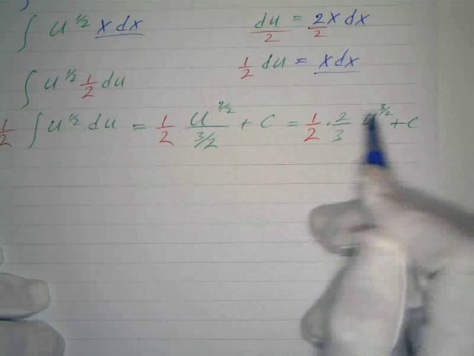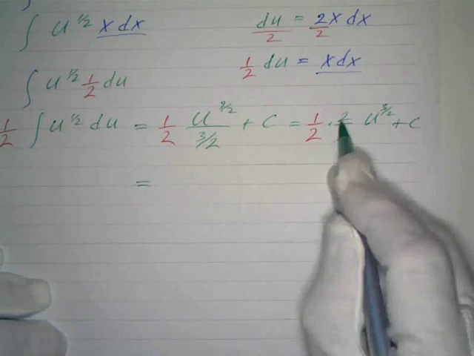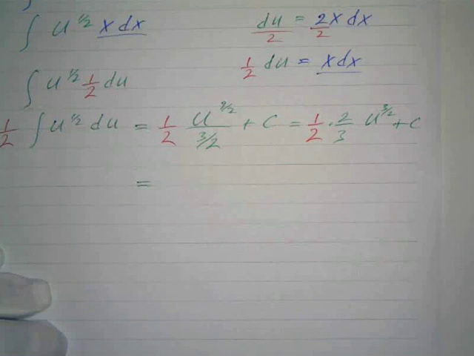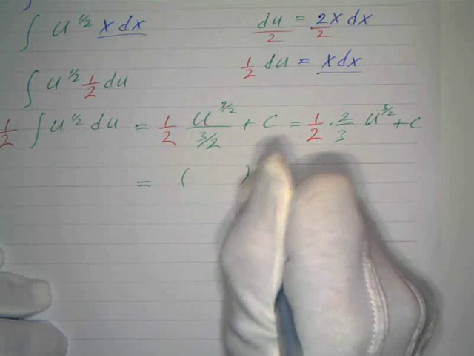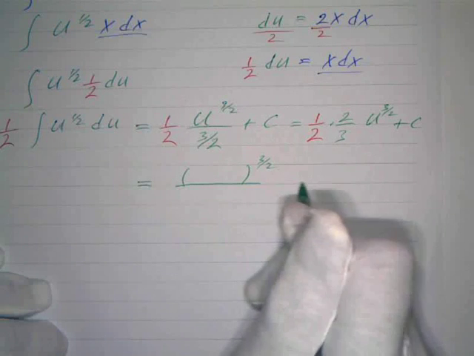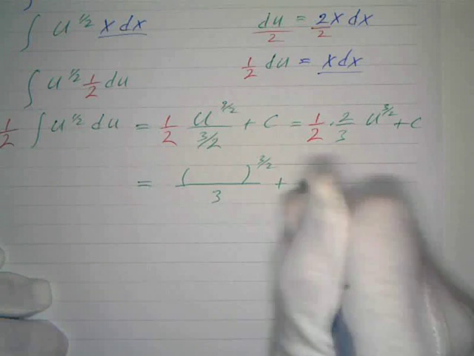And then 2 over 2 becomes 1. So we just have 3 in the denominator, so we'll have u to the 3/2 with a 3 in the denominator, or you can multiply it by 1/3, however you want to write it, plus c.